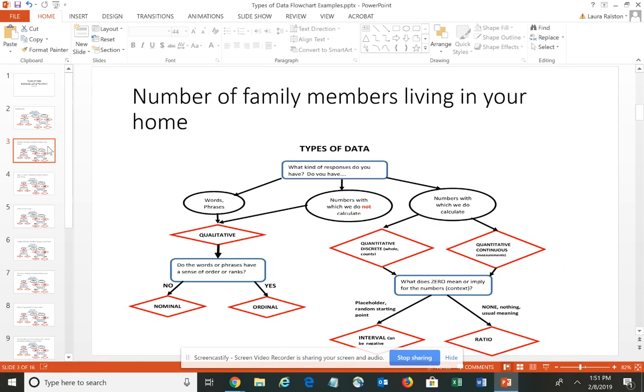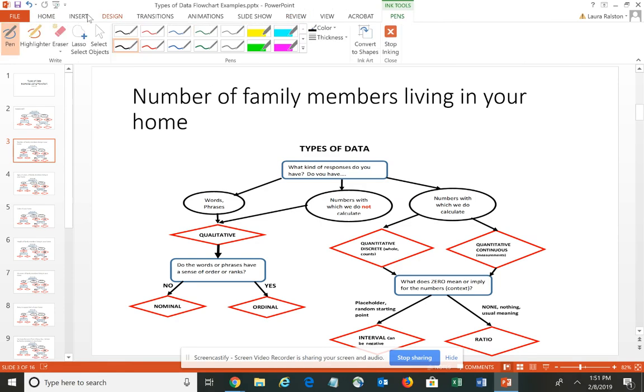Okay, so our first one says the number of family members living in your home. So I want to ask myself, if I were to walk up to you and say, how many family members live in your home? What kind of response would you give me?